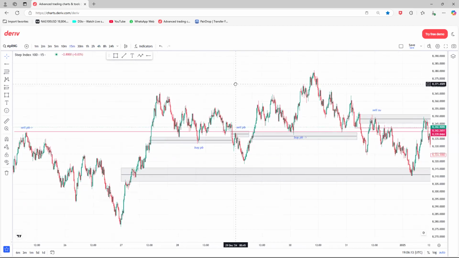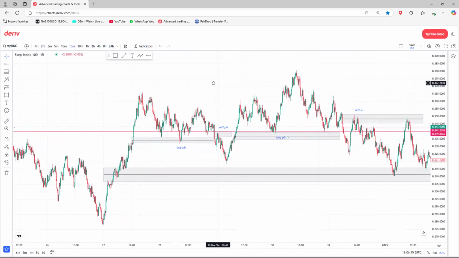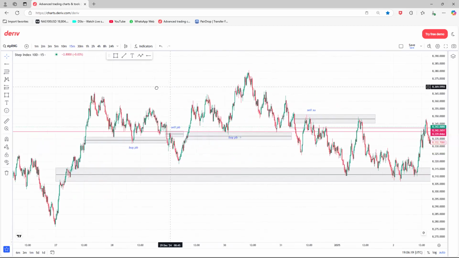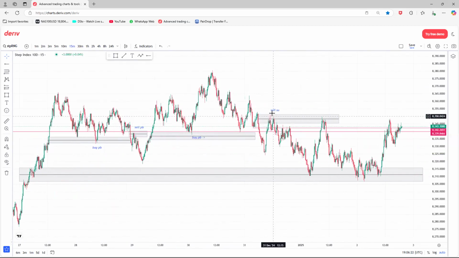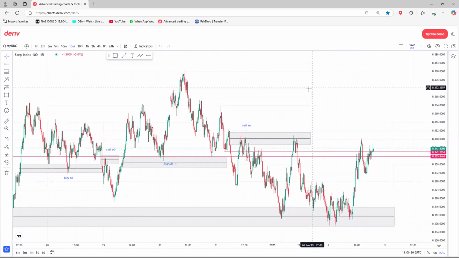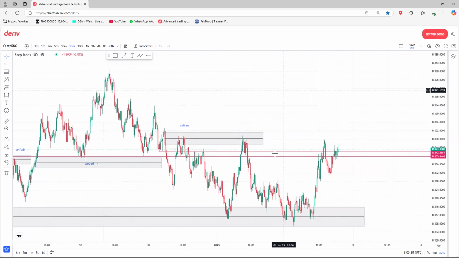So here's the sequence. That sell setup got used as a sell pullback, and so I went here and it bought because we already know we have a buy setup. So we have a buy setup here.